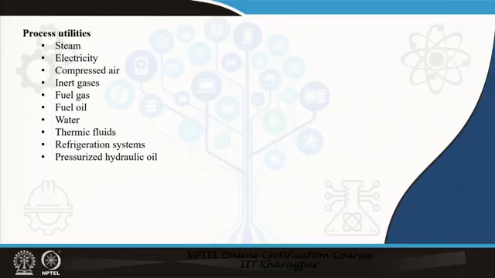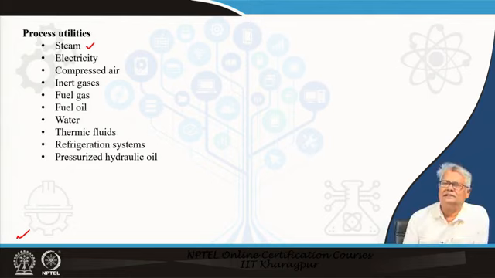To start with, let us have a list of the utilities. The first and foremost thing is the steam. The steam is normally either generated in a boiler or generated in various processes from different waste heat streams, which may be available within the process itself.